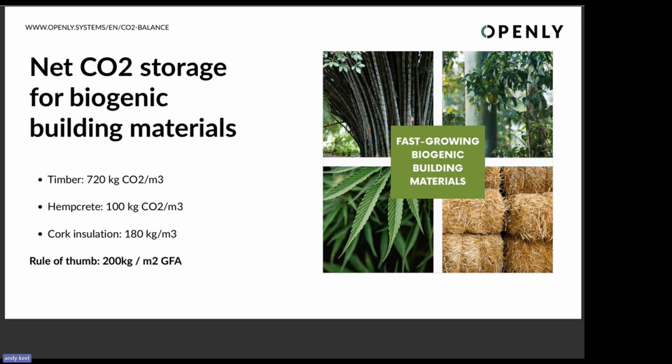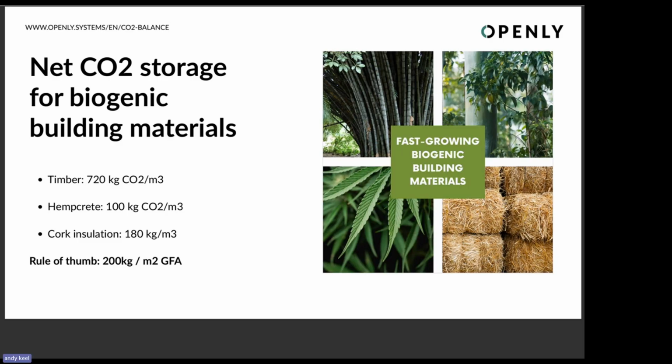When we talk about negative building materials, I'm just pointing out 3 materials. The most important one is for sure timber, mass timber. We have about 720 kilograms net CO2 storage per cubic meter.